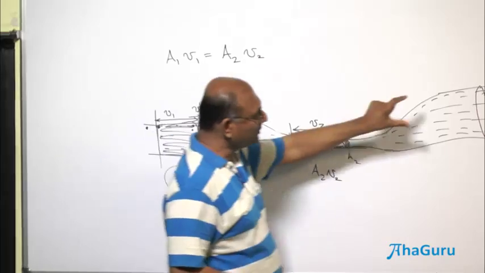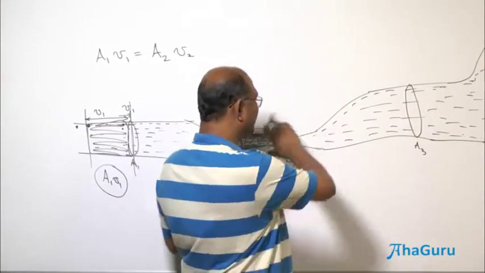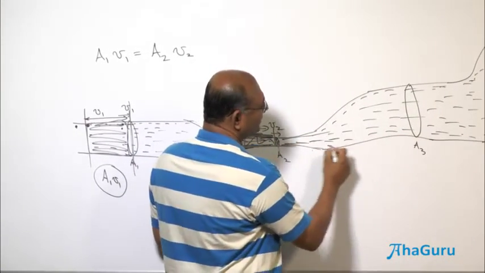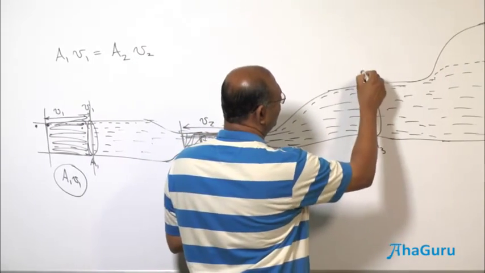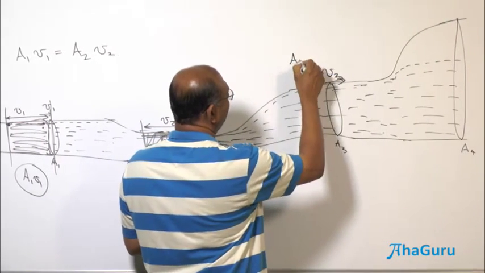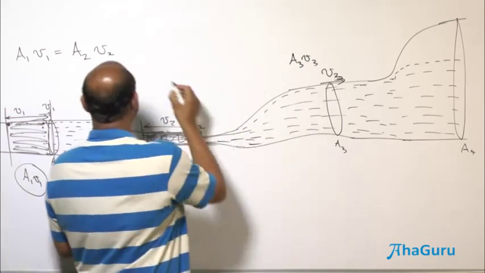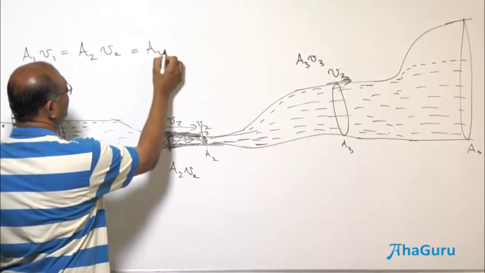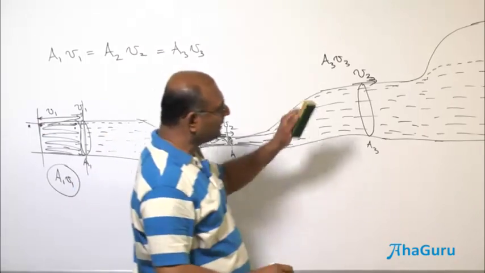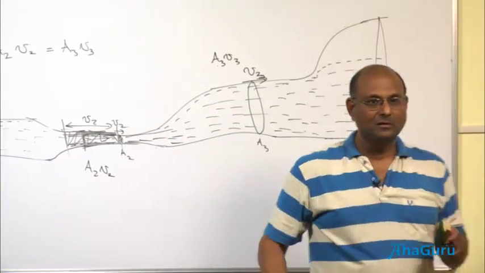Now is that also true for this one? Yeah, because this thing is completely filled, right? So the amount that goes out is A3 V3. So we can write this as A3 V3 as well. Can I say that about A4 V4? Why?